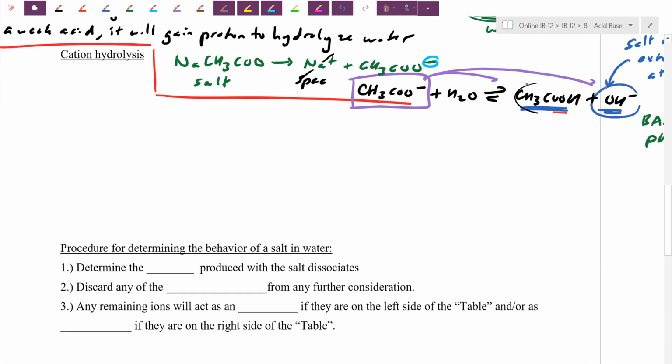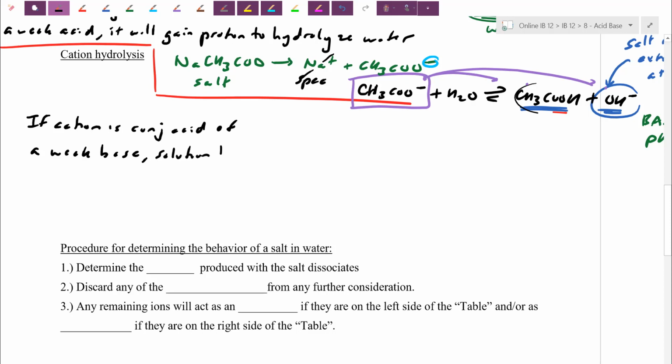Okay, so case in point here for cationic hydrolysis, we're going to look out sometimes if the cation, the positive part from the salt, is the conjugate acid of a weak base, overall cationic hydrolysis, the solution becomes acidic even at the equivalence point.